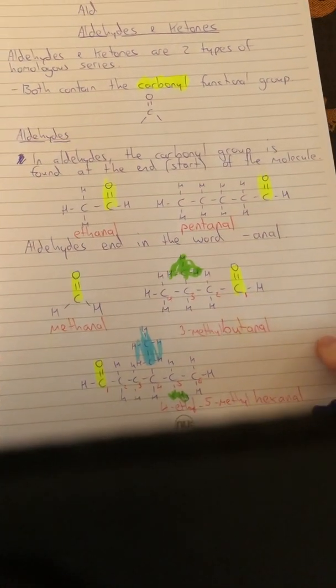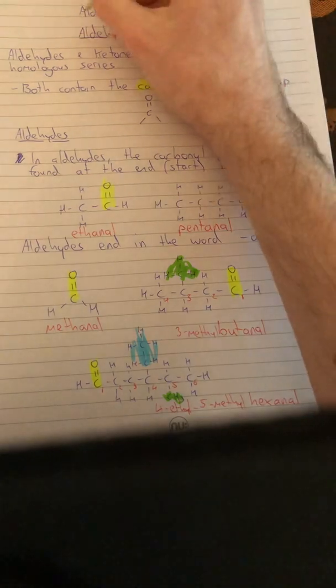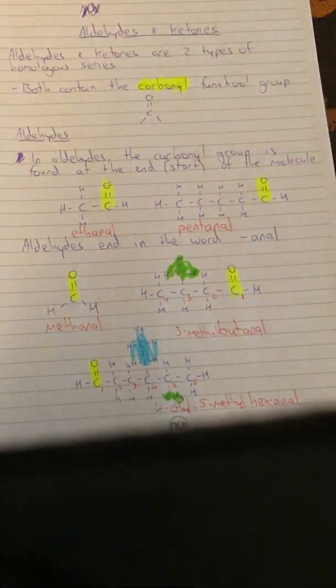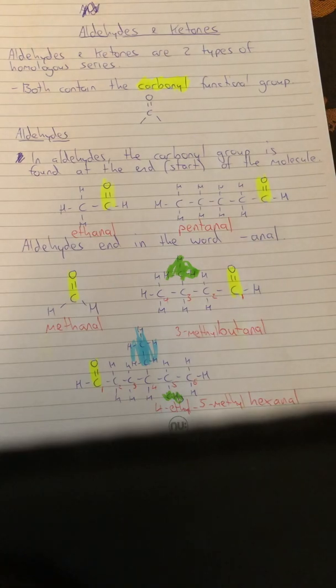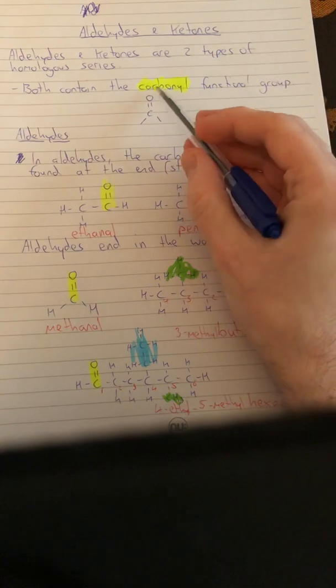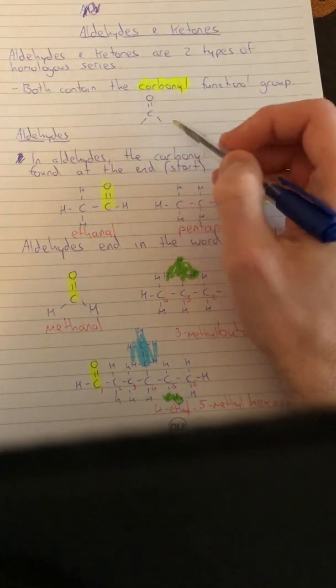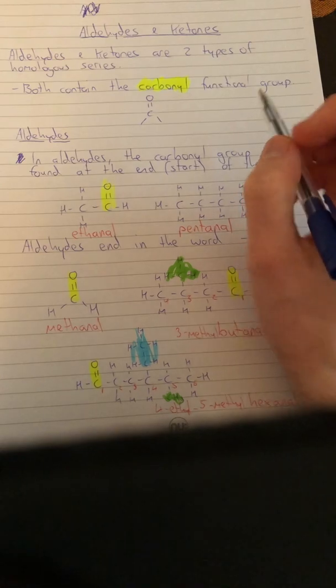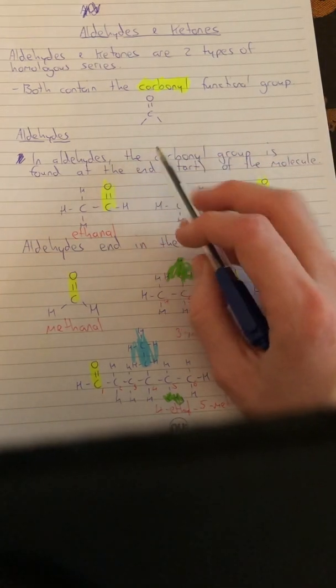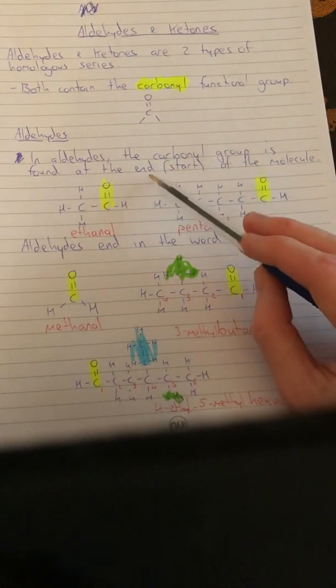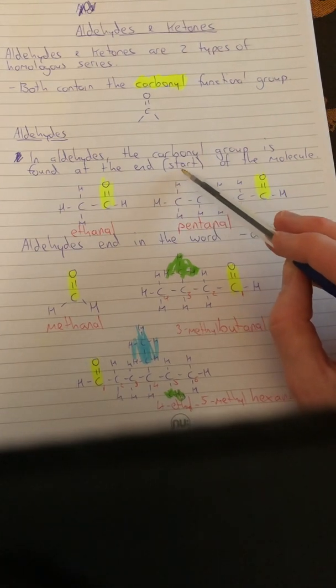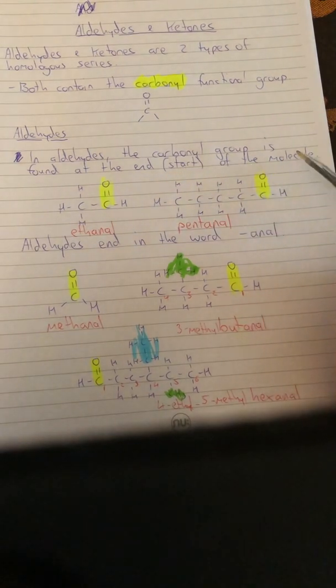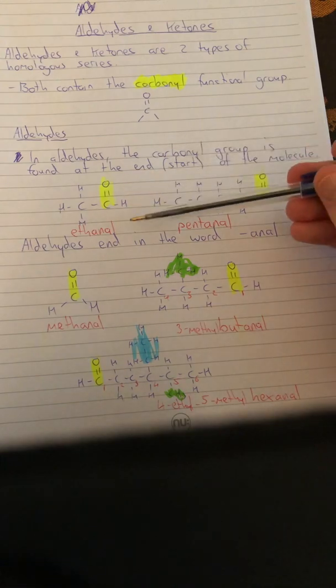Then we went on to aldehydes and ketones. Okay, so again, there are another 2 types of homologous series. What's important about them is that they both contain this carbonyl functional group, which is a C double bond O. In aldehydes, the carbonyl group is found at the end or the start, depending on the way you look at it, of the molecule. Okay, and that's your 2 examples there.